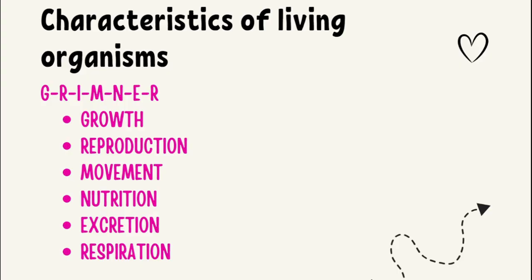For example, if somebody pinches me right now, I feel it and I'm going to react, because I'm a living organism. The stimulus is the pinch, I feel the pain, and then I respond to it. That's essential for living organisms.